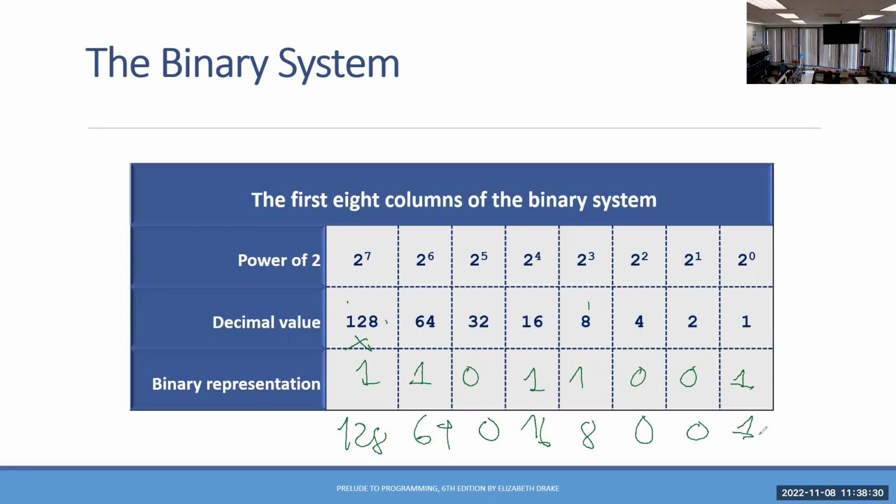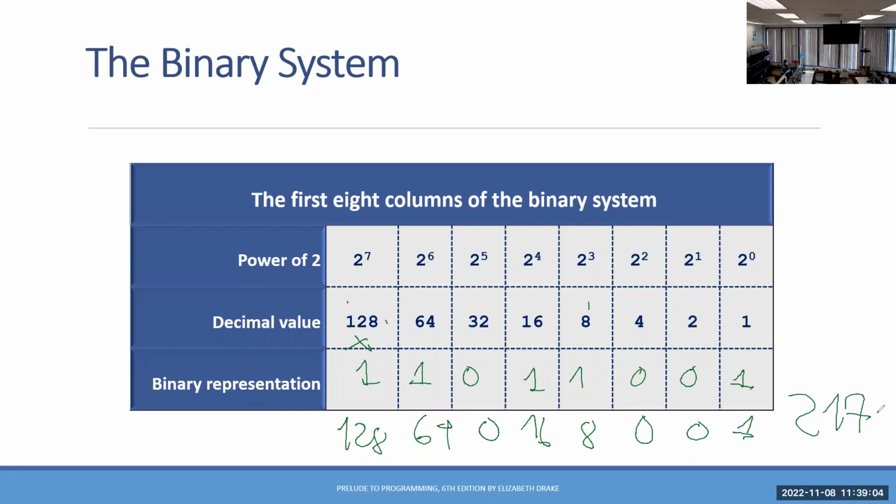So when I convert this binary number, I add up the values running from 192 to 208 and so on. That is the way you convert from binary to decimal.